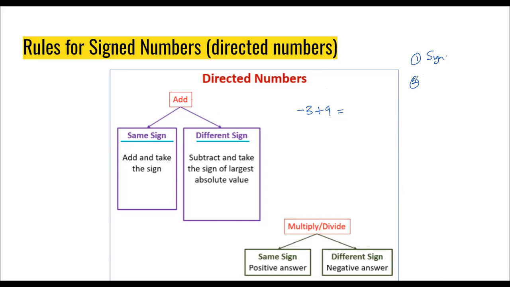You must always figure out what the sign of the answer is going to be. So the rule is, if the numbers are carrying different signs, here this 3 is negative and this 9 is positive, so they have different signs. I want to keep the sign of the larger of the numbers. When I say of the numbers, I'm talking about just the number itself. Forget the sign for now. Between 3 and 9, which is larger?